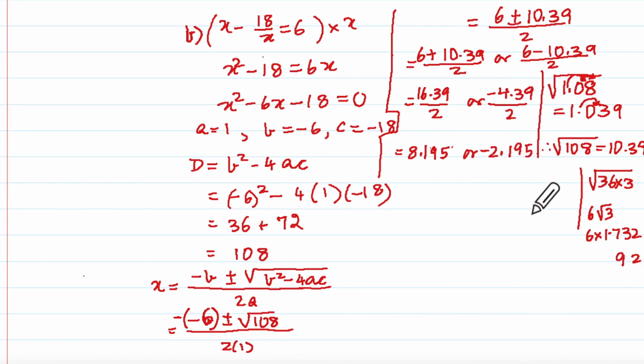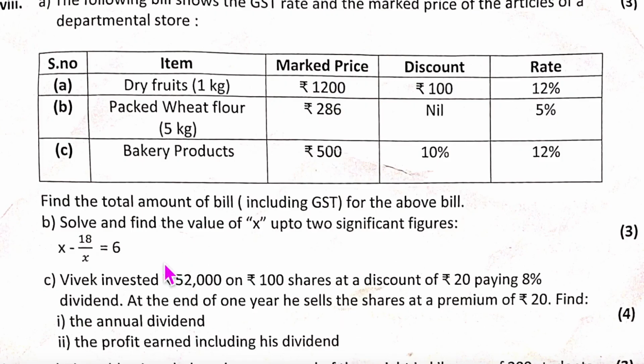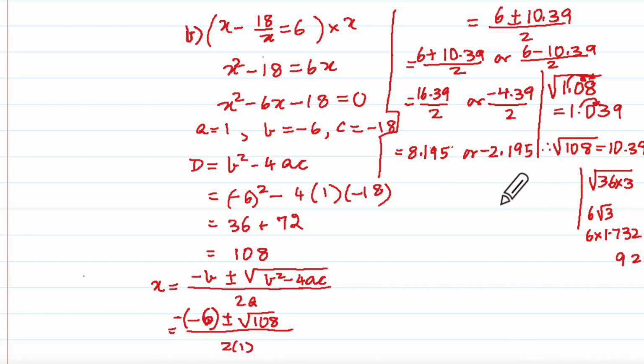Fine. Now how many SFs did they say? Two significant figures. Two SFs means here we'll take 9 and then it will become 8.2, and minus 2.2.